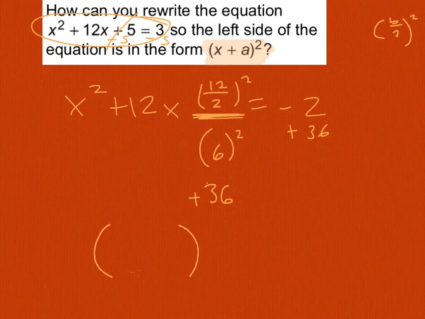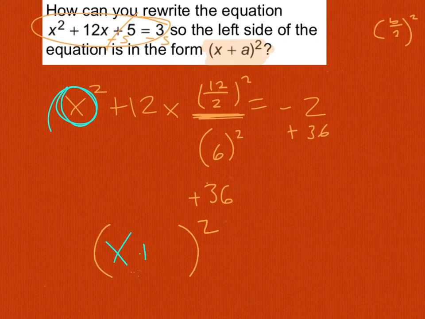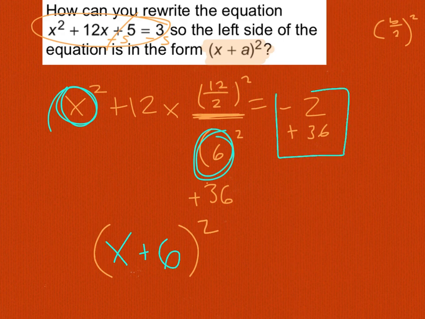Now in my parentheses squared, I just take the two things on my left side of the equation that have that little squared symbol. So what are they going to be? Awesome, x plus 6. And then on the right side, I just need to simplify this. I have -2 plus 36.